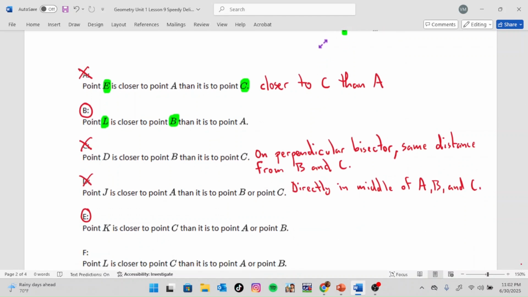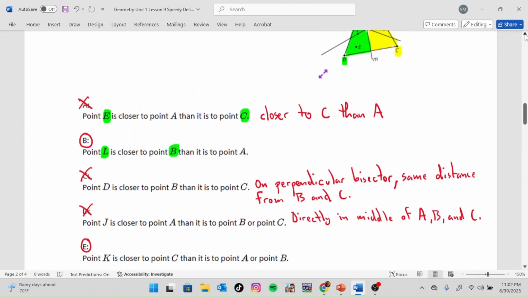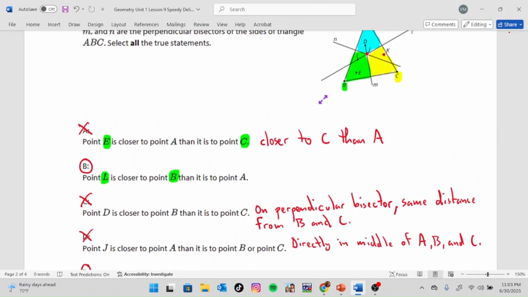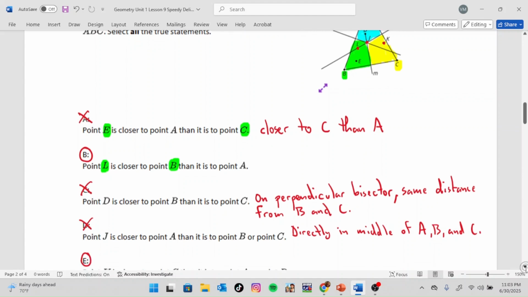And our last option, point L, is closer to point C than A or B. So let's go up and find point L. And we can see that point L is right here in the green shaded region.